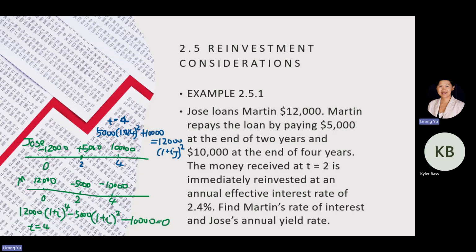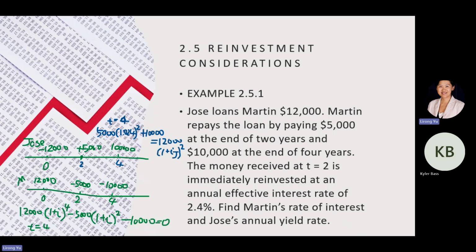Right. The second equation is for Martin. There's no investment because all he has is the 12,000 that he borrowed for whatever reason. And then that money is being repaid. And then he has money going out at time 2 and time 4 because he needs to pay Jose. So if we are considering this, all of these have the same rate of return for money. If we think there is also default, something that we didn't see.